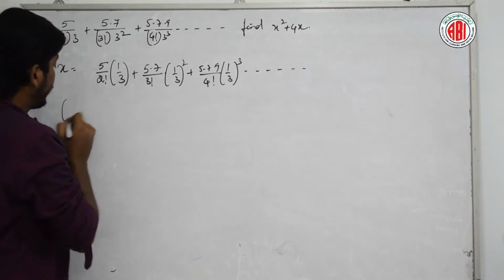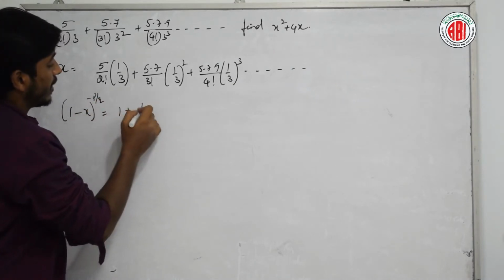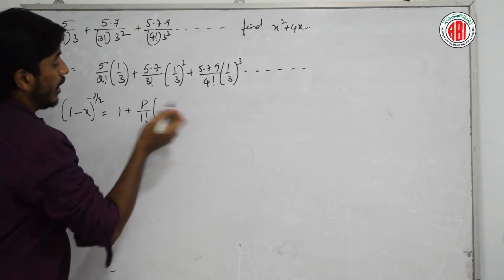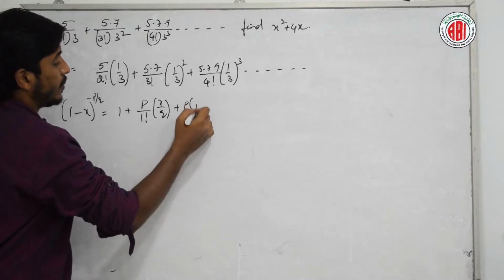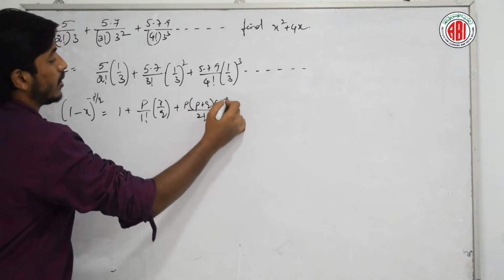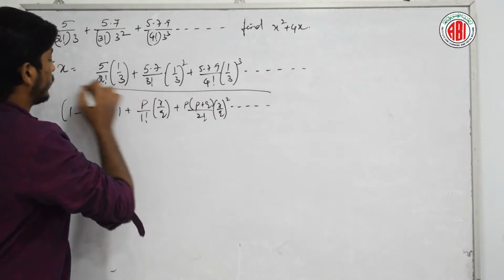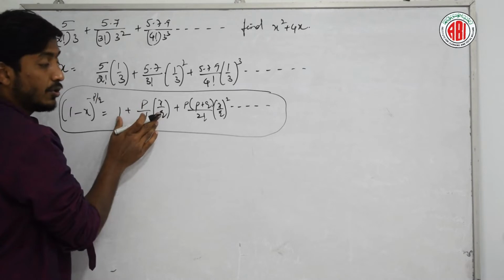That is 1 minus x whole power minus p by q is equal to 1 plus p by 1 factorial into x by q plus p into p plus q by 2 factorial into x by q whole square and so on, right? So we have this term here, but we don't have these two terms.